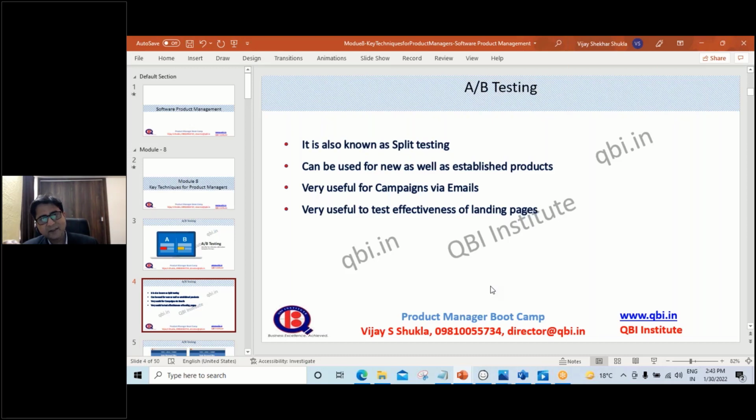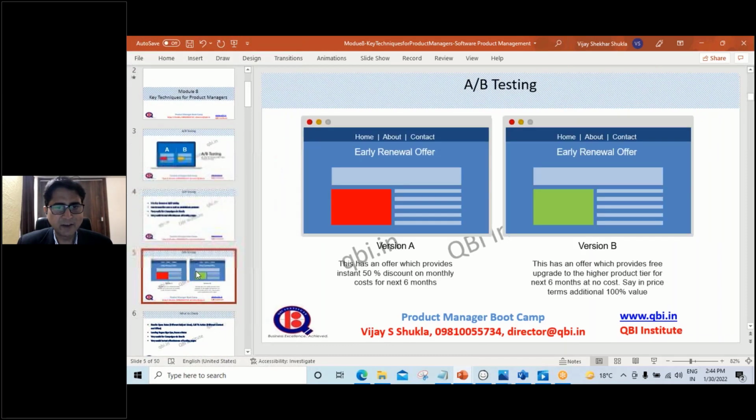So to test the effectiveness of the landing page, we may design two landing pages, and then we run this campaign on a smaller data set or a smaller time period. Depending upon the effectiveness of the landing page, we can choose one among the two. So this is A/B testing. And as I have told you, it could even be A, B, and C testing, choosing the best alternative out of the three available ones.